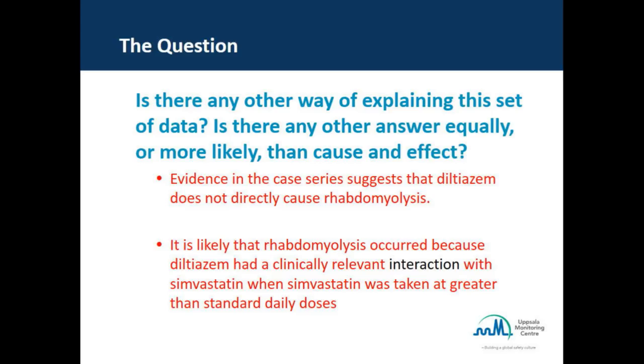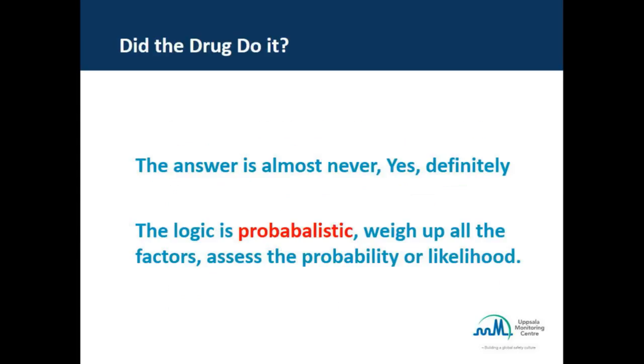So again, to ask our question, is there any other way of explaining this set of data? Evidence suggests that diltiazem didn't directly cause the rhabdomyolysis, but it occurred because there was a clinically relevant interaction with it when simvastatin was taken at greater than standard daily doses. So again, did the drug do it?